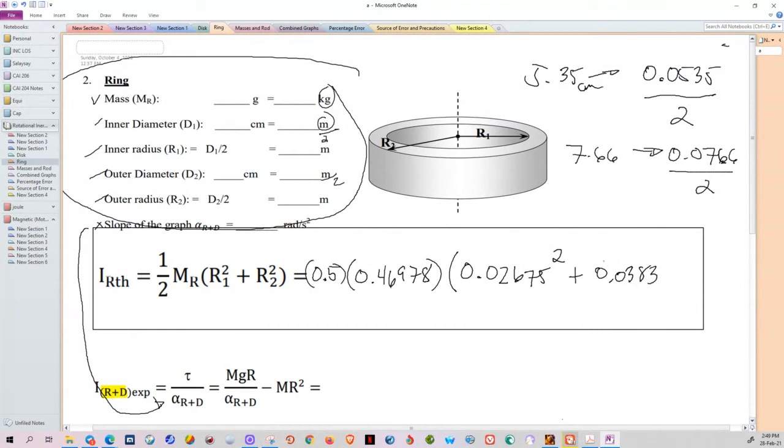Plus, so this is squared. That's R1 squared plus R2 squared. Did you get how to calculate, Shabab? Now I will calculate the whole equation. 0.46978 by 0.5. So what's your answer? Nope, that's too far.